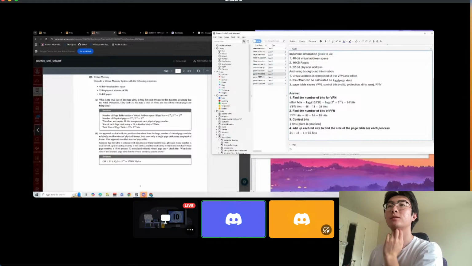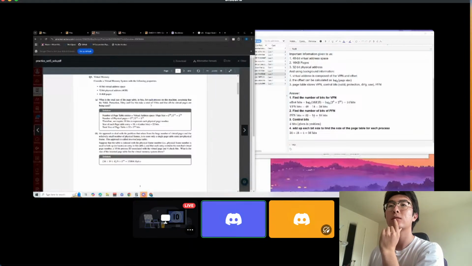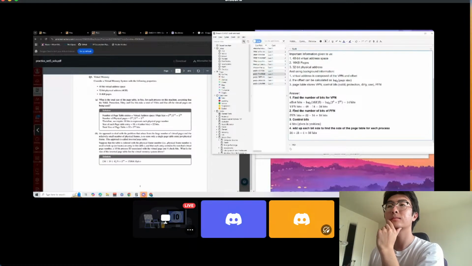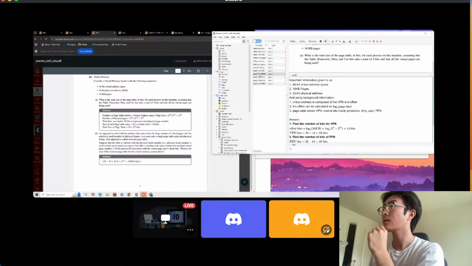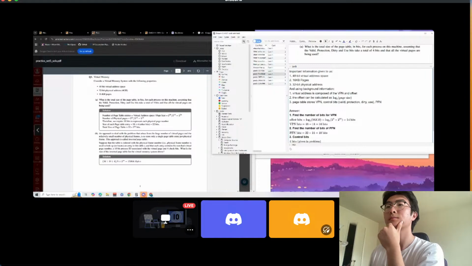For each process, the number of page entries is the virtual address space divided by page size. Okay, yeah, 2 to the 34, so this will be 34 bits.